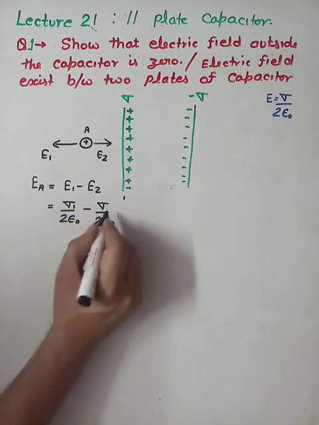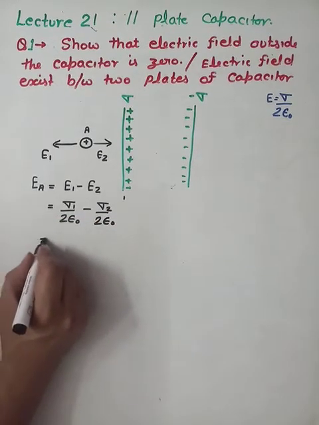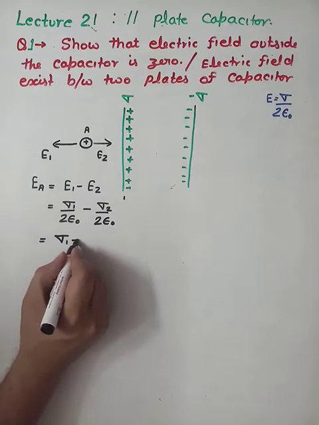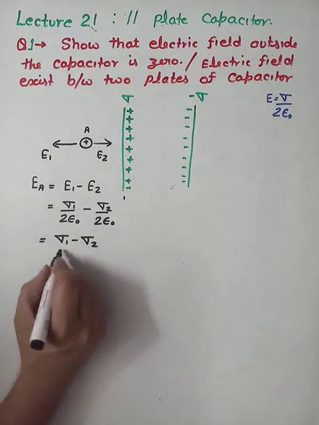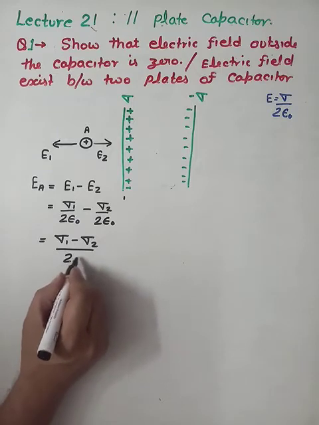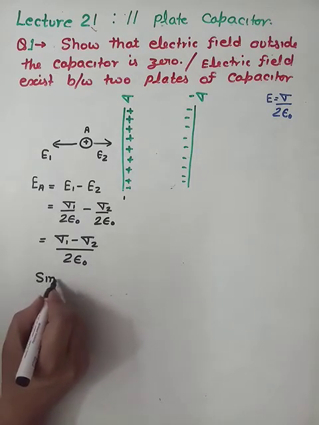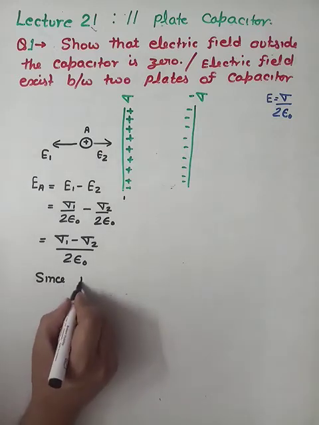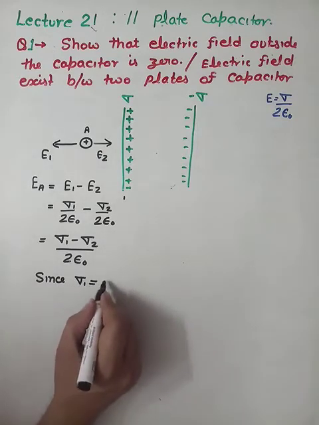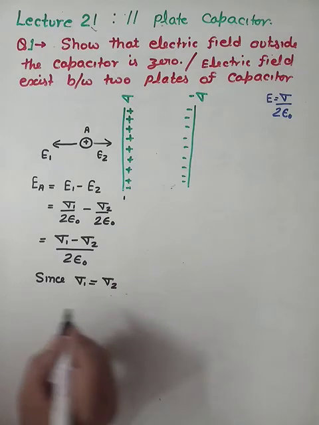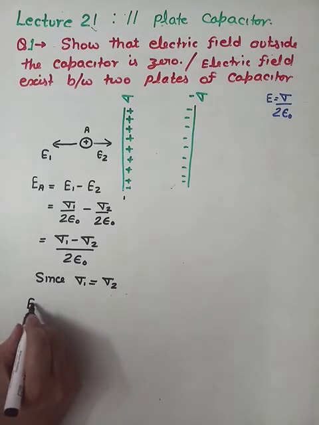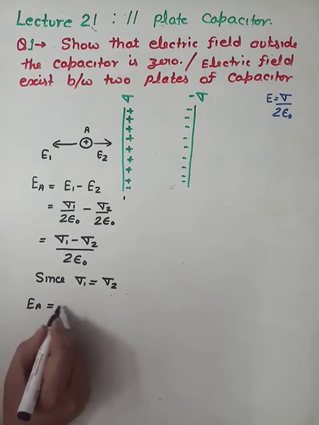If we put sigma 1, sigma 2, we get sigma 1 minus sigma 2 upon 2 epsilon naught. Since in this case sigma 1 is equal to sigma 2, magnitudes are equal, therefore we get electric field at A equals 0.